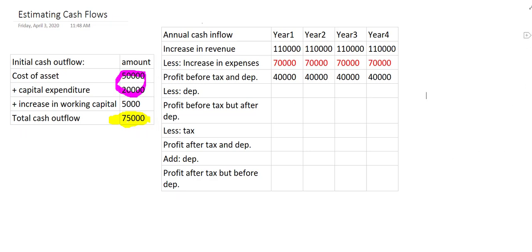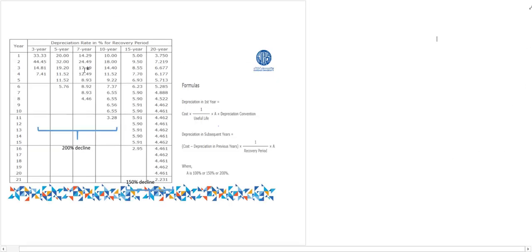How to calculate this? We had a formula, a table, so we have to divide it based on this table. 50 plus 20 becomes 70. 70,000 into 33.33 percent for the depreciation of the first year, 70 into the next for the next year, and the next, right?